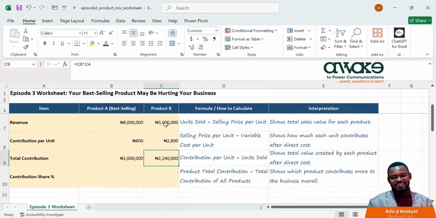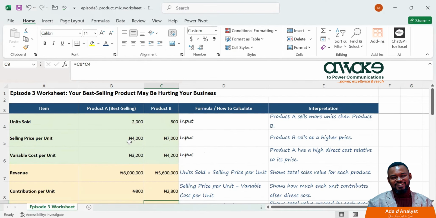For instance, I'm giving you this example now. As we have it here, product A costs 3,200 to make. So the margin of profit here is so little because it's just about 800 naira over the variable cost, or the cost of production.